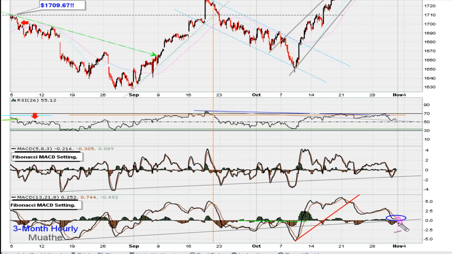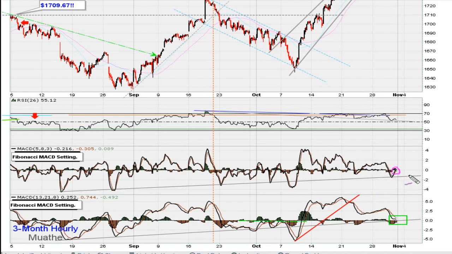Remember, the last time we had a move below 0 was here, and this would be moving below 0 here, this time frame here, and you see the market had a move lower. So I'm watching this and saying if the MACDs crack below 0 here, that's not good for the market. And you'll notice right now we have a crossover on this MACD setting just below 0.